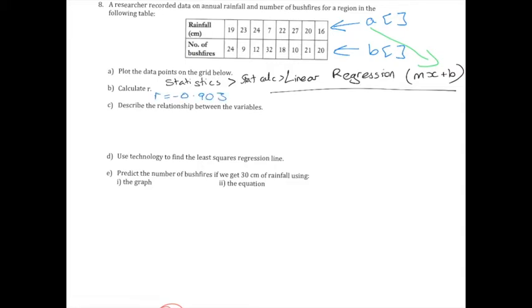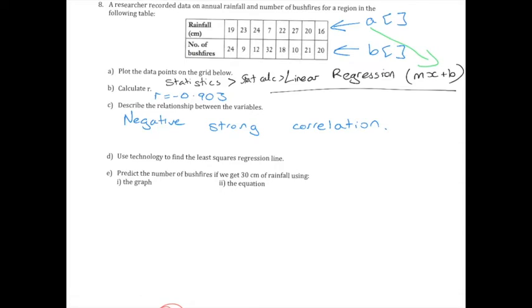Now that we've got that value of R, what would you say is the relationship between the two variables? How would you describe it using words? A negative, strong relationship or correlation, yes. Use technology to find the least squares regression line. The good news is we don't have to do anything else. It's already there for us.